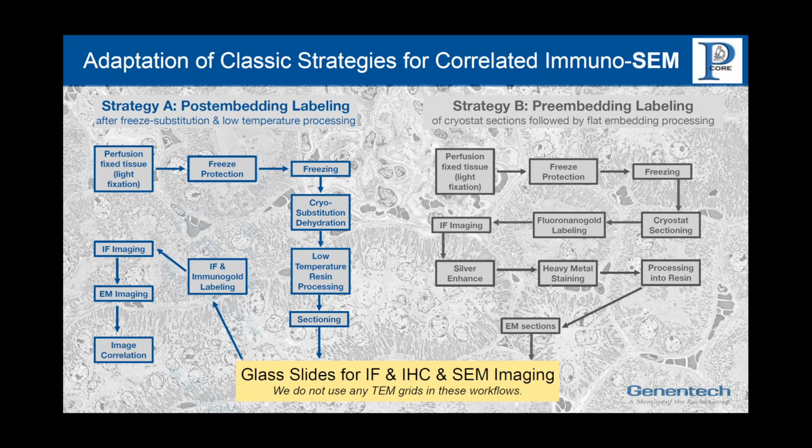Mostly we use post-embedding labeling in combination with freeze substitution and low temperature processing when we have antigens that are fairly highly expressed, so often structural proteins, or that are locally concentrated, like secretory proteins. However, if you're interested in the localization of receptors and lower expressed proteins, this strategy often fails. And for these, we have now developed pre-embedding labeling protocols.